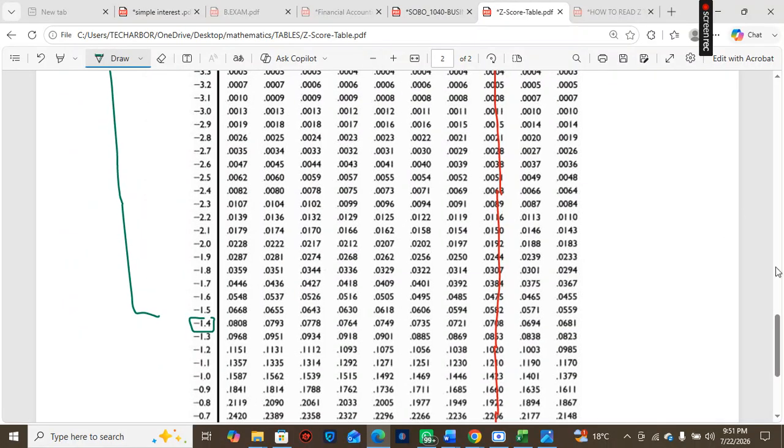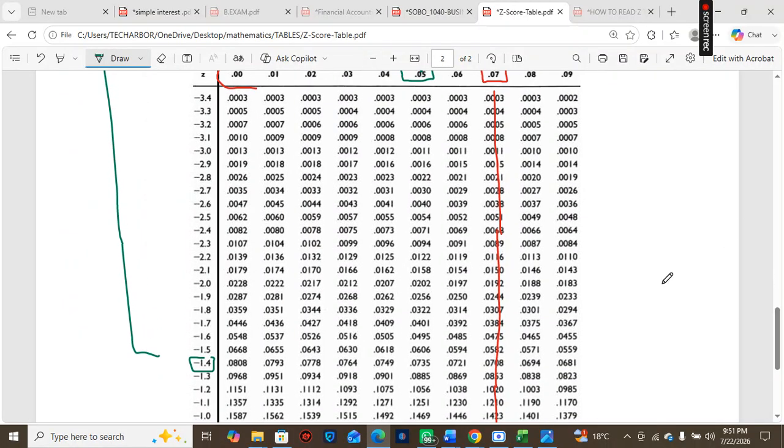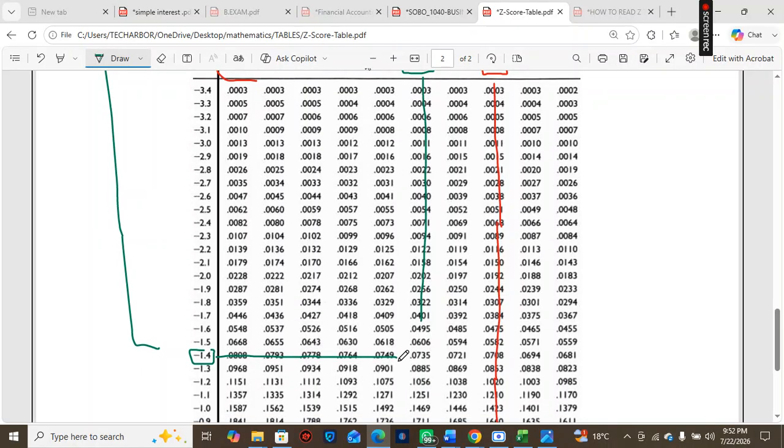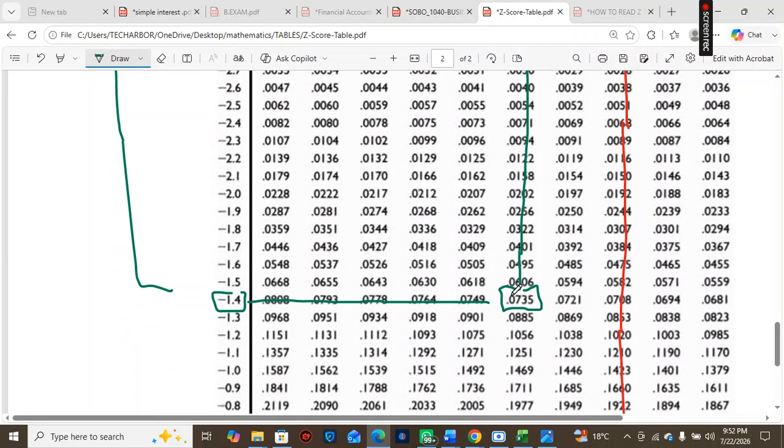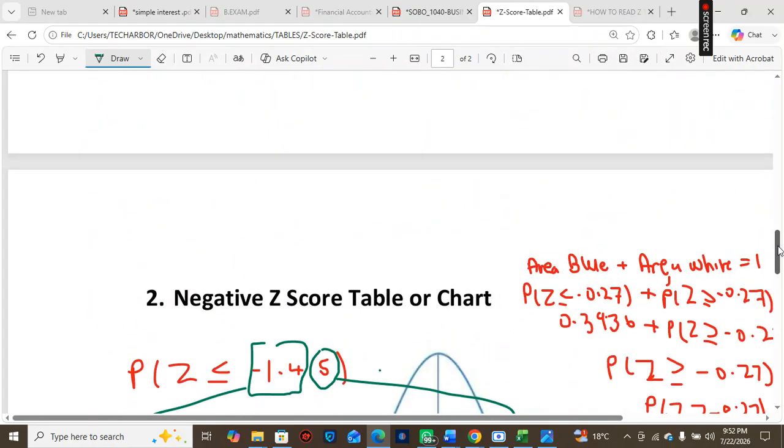Where they intersect, that is our value: 0.0735.